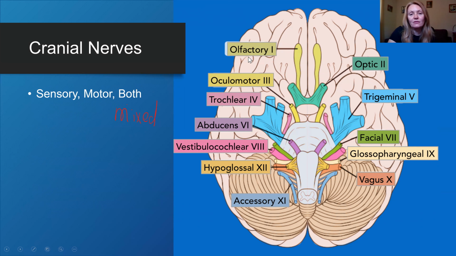And you can see they're given names and numbers. Like this first is olfactory, number 1. Then we have optic, 2. Then we have number 3, where is this? Oculomotor.